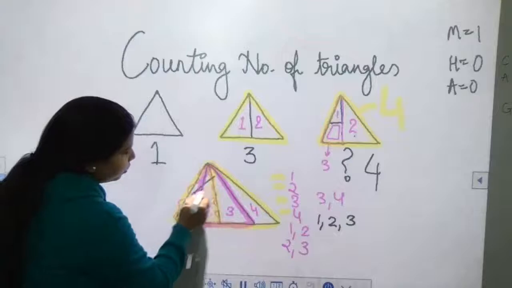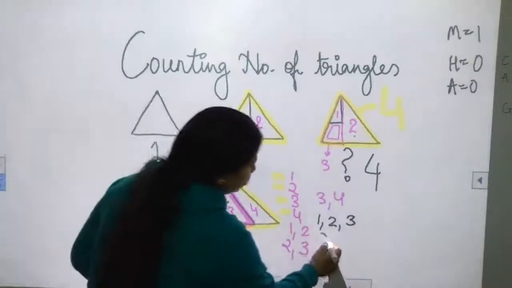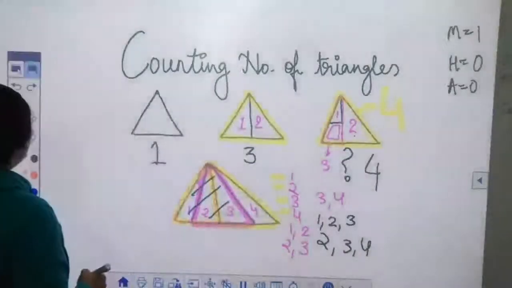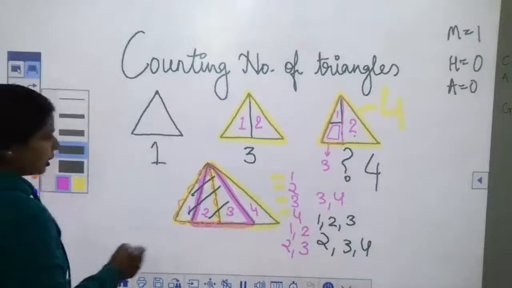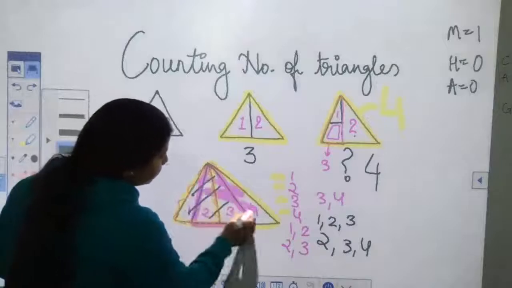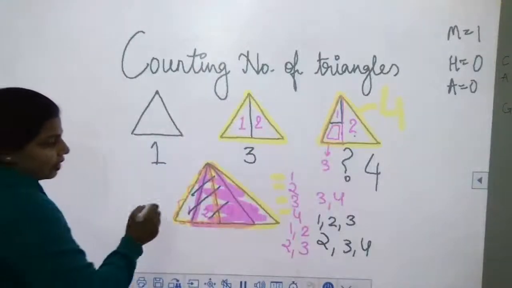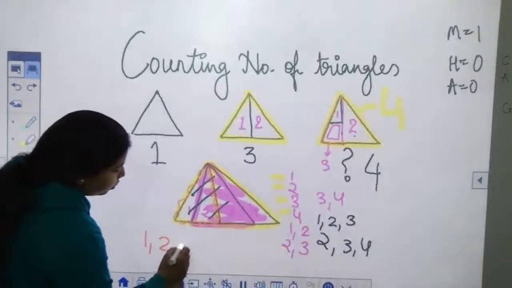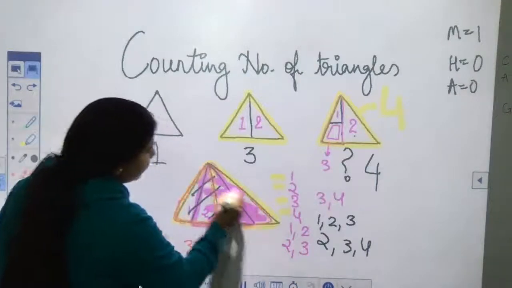Yes, 1 2 3 forms a triangle. And if we combine 2, 3 and 4, that will be this triangle. So 2 3 4 is also a triangle. And if we take all of 1, 2, 3 and 4, it will be the whole big triangle.